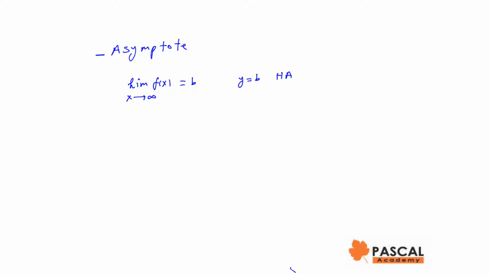The graph of the function as x approaches infinity is getting closer and closer to the horizontal line y equals b. If limit of f of x as x approaches a, this can be from bigger side or smaller side, is infinity, x equals a is the vertical asymptote of the function y equals f of x.